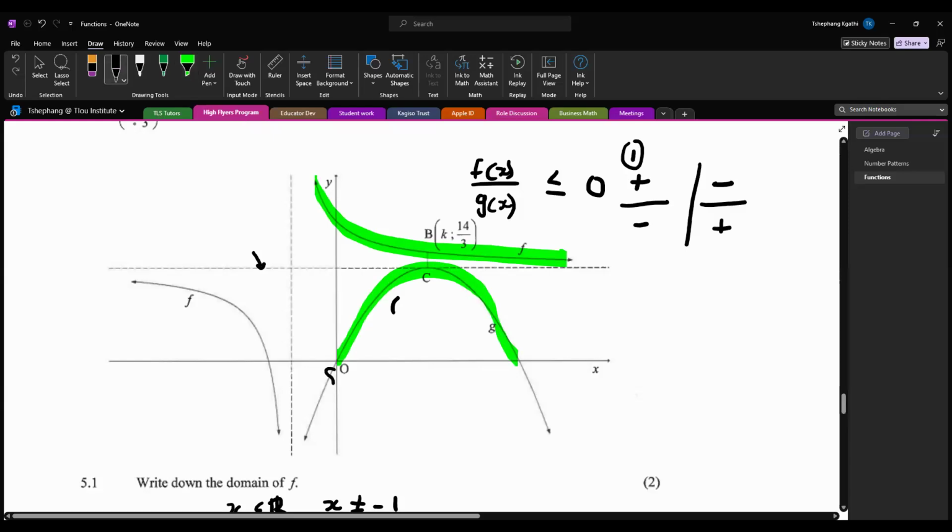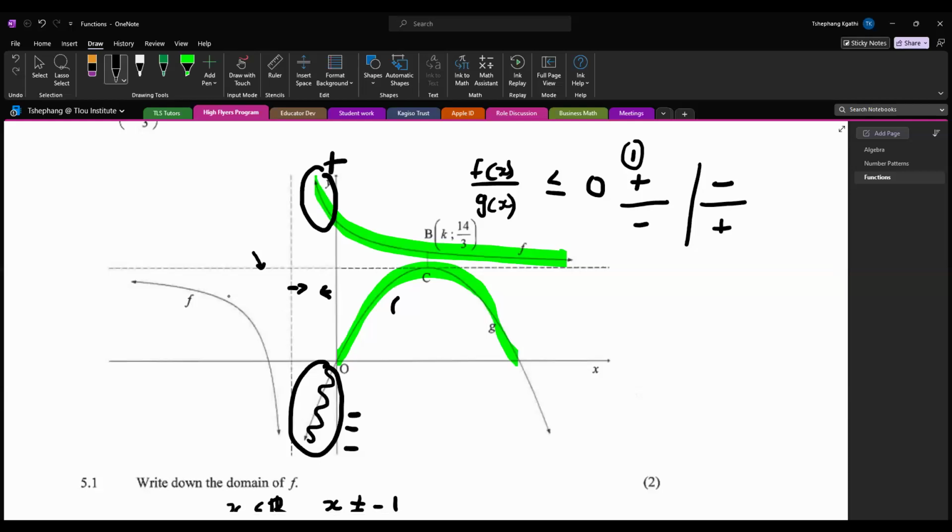So can you see this part here? That will work for me because I have this, which is positive, and this part, which is negative. I need you guys to understand that part. So in between this here, f of x is positive and g of x is negative, which is a range that I'm going to be dealing with.